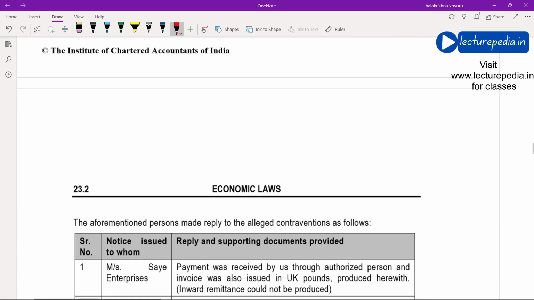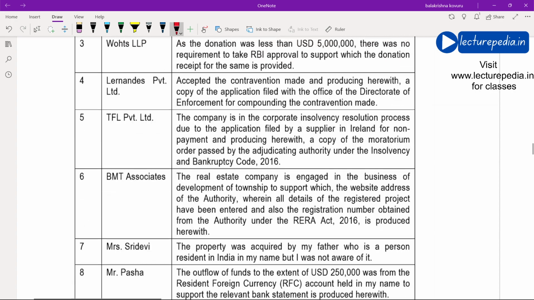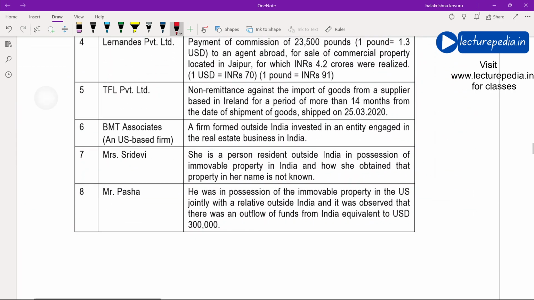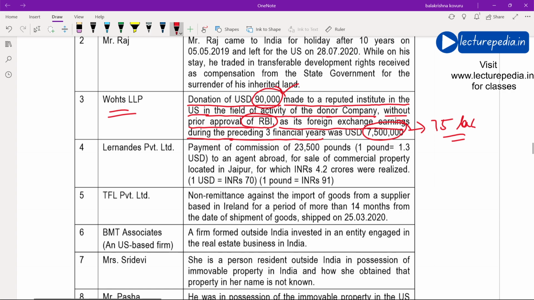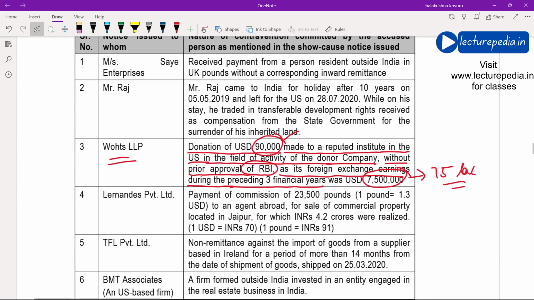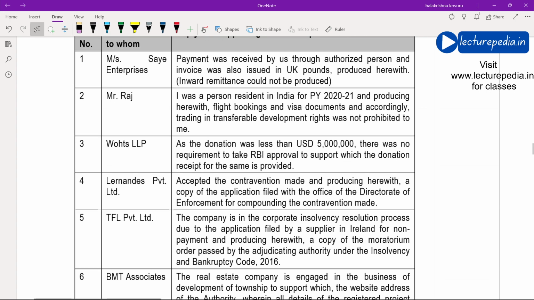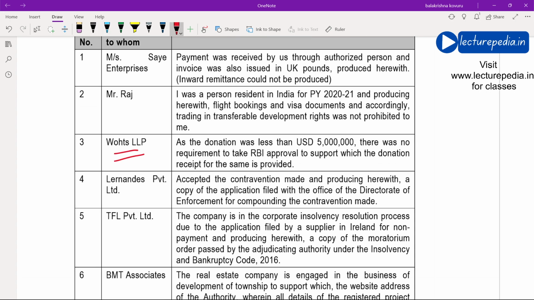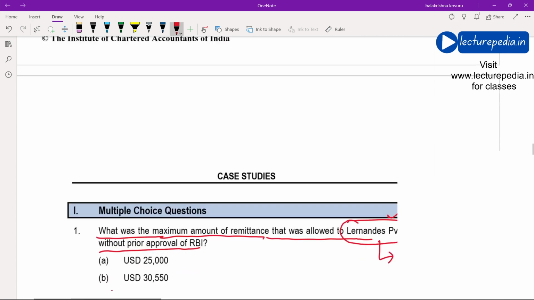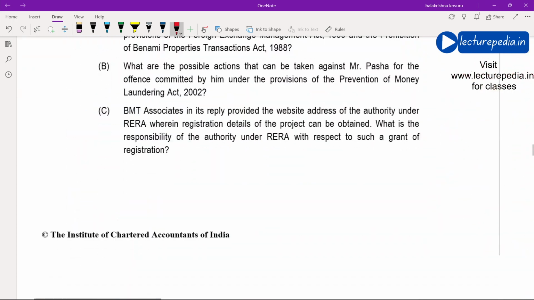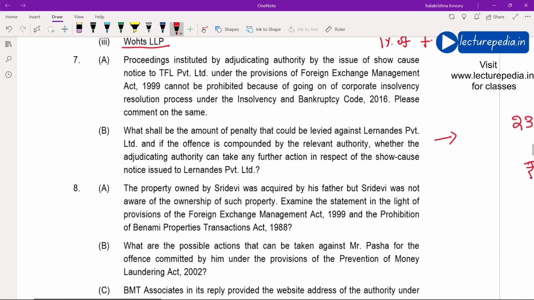Let us see whether such a donation is permitted. Regarding that notice, the contention made by Votes LLP is that as the donation was less than 50 lakh dollars, there was no requirement to take RBI approval, to support which the donation receipt is also provided. Let us see whether the donation of $90,000 is permitted or not.